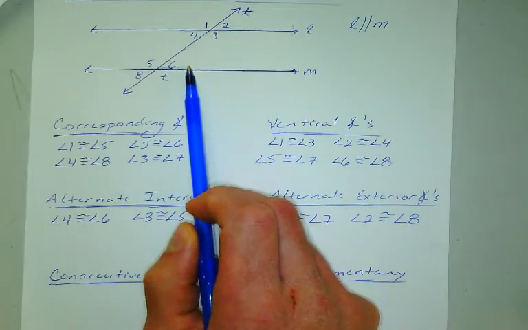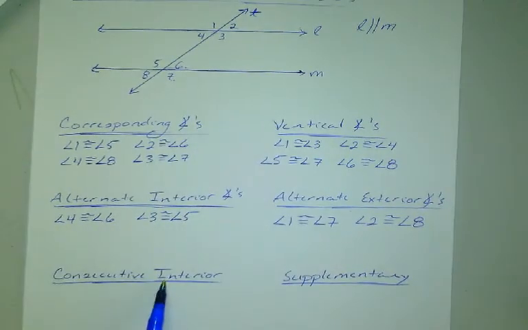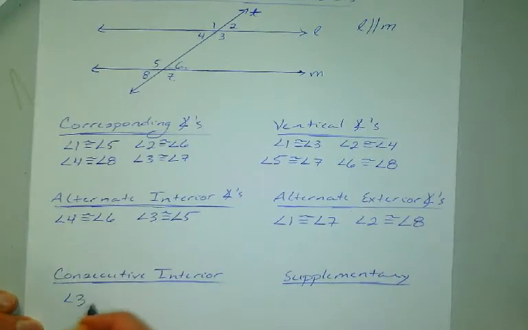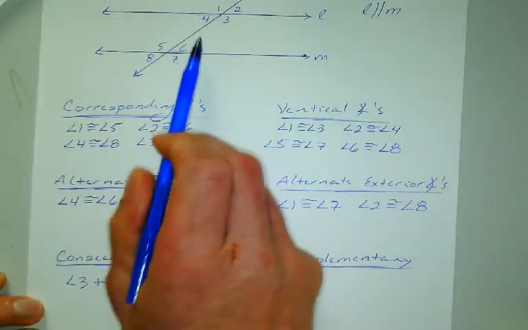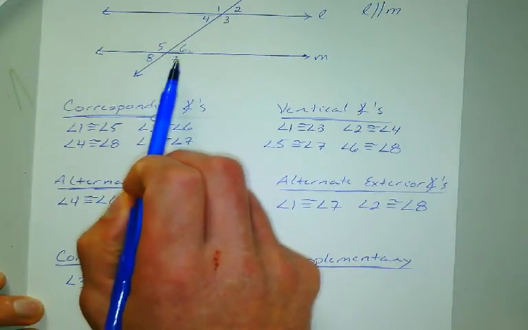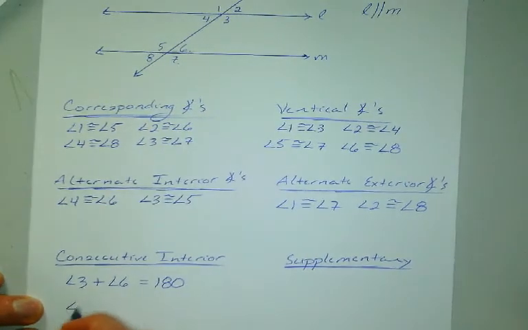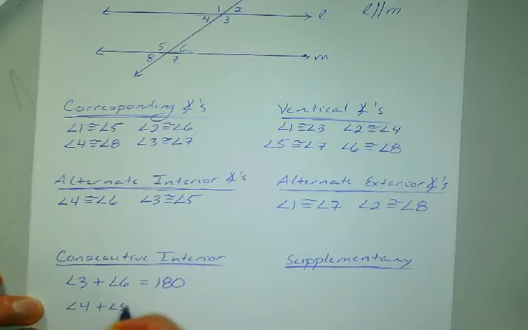They add up to 180. So consecutive interior angles add up to 180. So angle 3 plus angle 6 has to equal 180. They're supplementary. And angle 4 and angle 5 are consecutive interiors, meaning they also add up to 180.